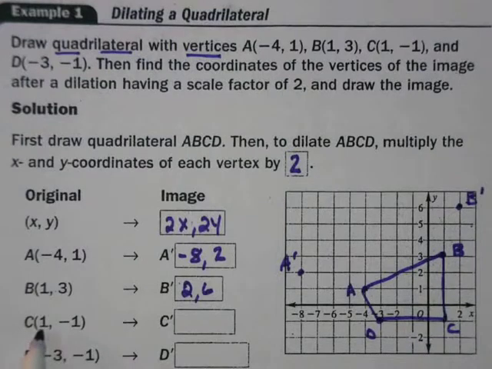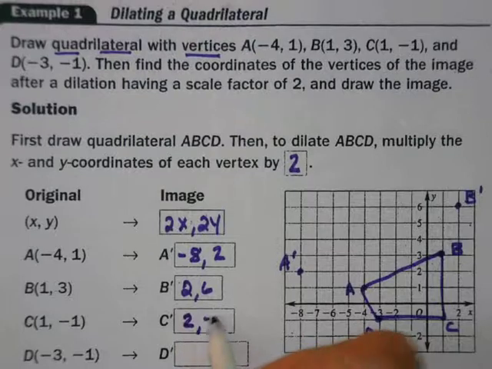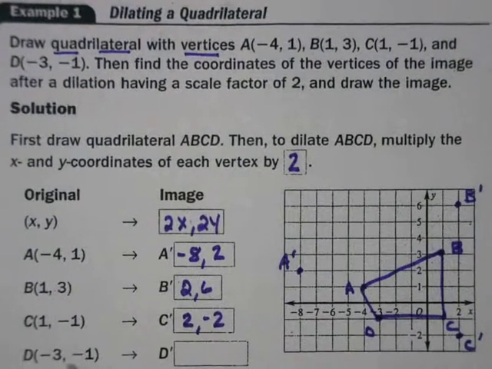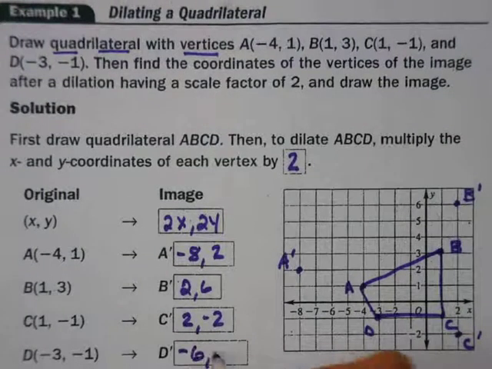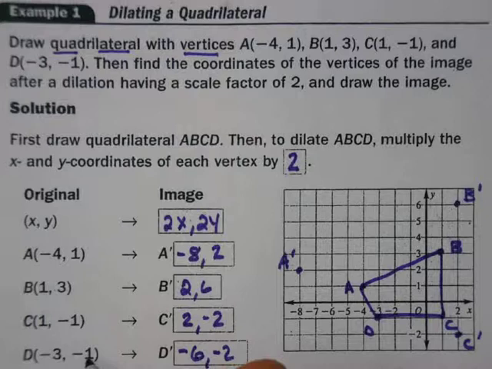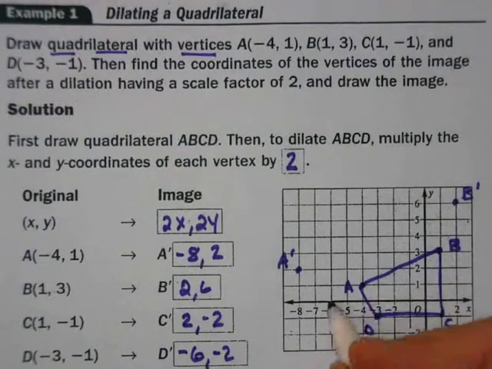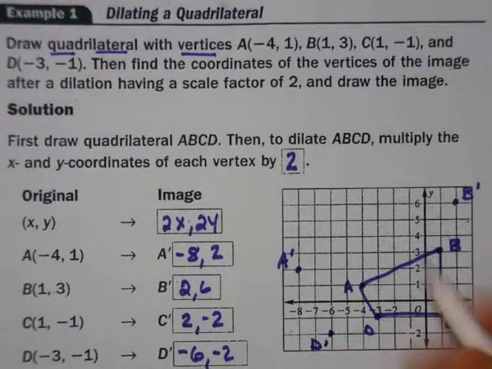C was originally 1, -1. So C prime is going to be 2, -2. Down here, that's going to be C prime. And D originally was -3, -1. So that's going to be -6, -2. I just multiplied each of these by 2. So -6, -2 is down here. That's D prime.